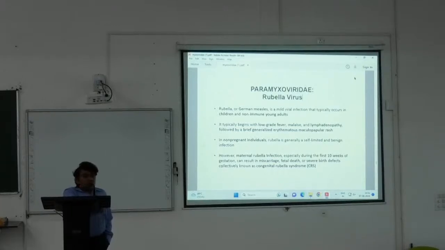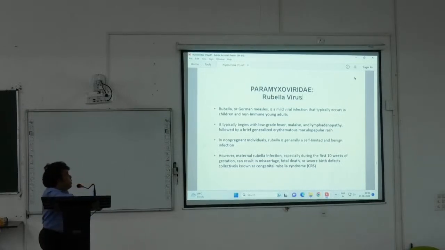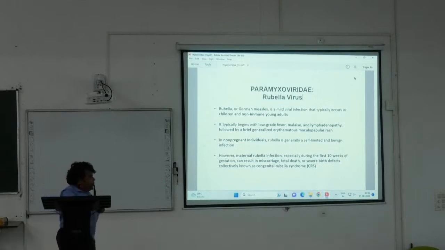Because the overall manifestation was less severe and for a shorter duration as compared to measles. Hence it was called German measles. The other name is rubella. Now it begins with low-grade fever, malaise, lymphadenopathy with generalized erythematous rash. That is the common manifestation.